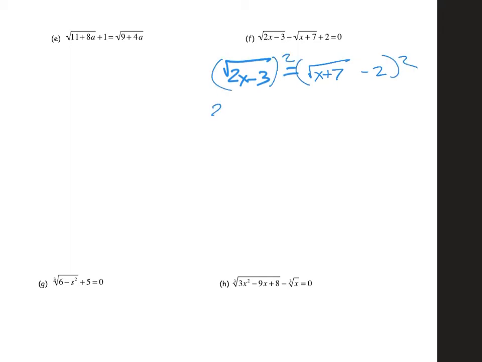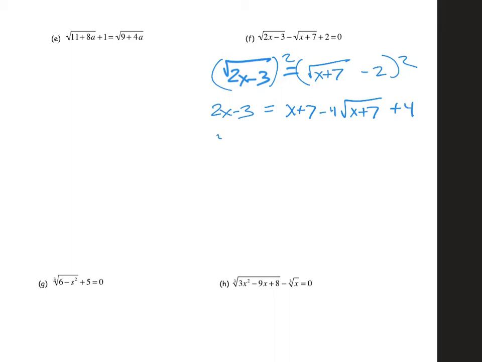That's going to get rid of the square root around the 2x minus 3. However, I'm still going to have a square root on the right side. So I'm going to get x plus 7, but the middle term when I FOIL, I'm going to end up with minus 4 times the square root of x plus 7, then plus 4. Now we're back to some earlier problems, A through D, where I have a single expression under a square root, and so I'm going to isolate that.